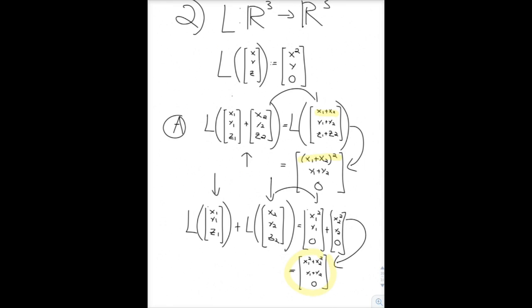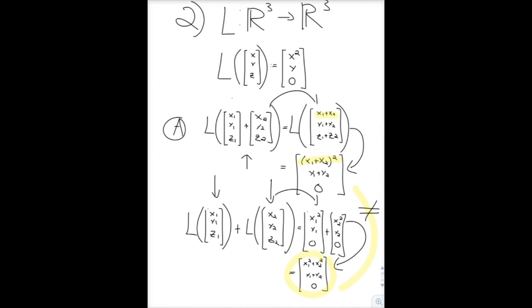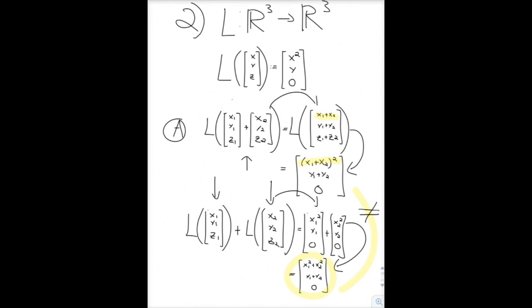This vector is not equal to this vector. These are not equal. And so we can conclude that this map L, although it is a map from R3 to R2, is not a linear map. That is, it is not a linear transformation because it fails to preserve vector sums.